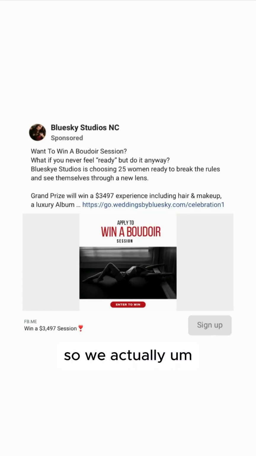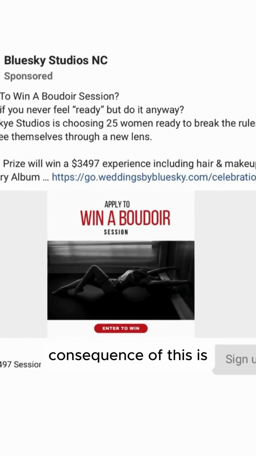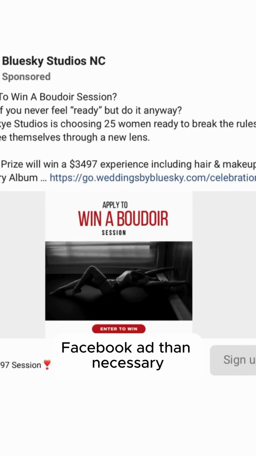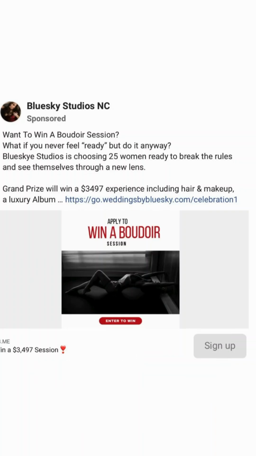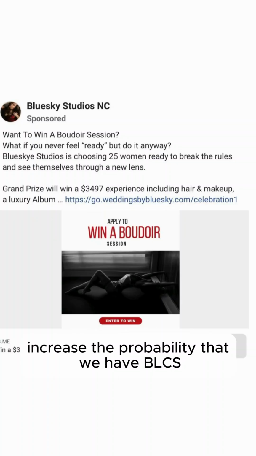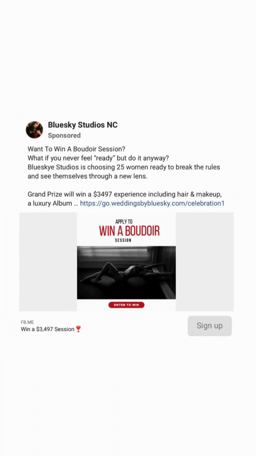So the consequence of this is way more women going to be scrolling by our boudoir Facebook ad than necessary, pulling our unique CTR all under 6% and increasing the probability that we have BLCS, boudoir low click syndrome.